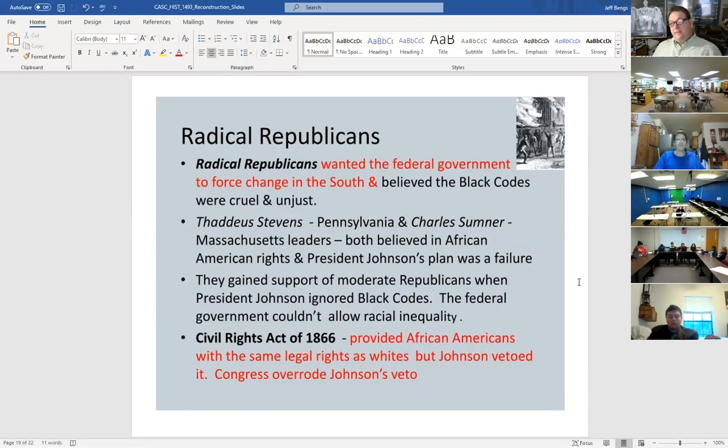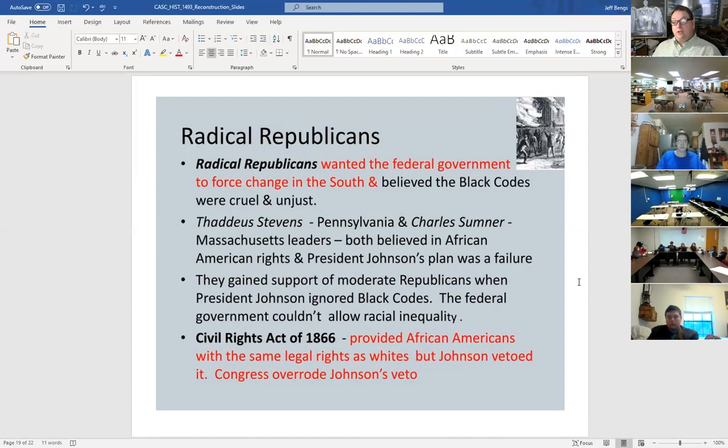And so within the group of Republicans in the North, you had a group called the Radical Republicans. And they were called radical because they wanted to force the South to recognize the freedom of slaves, to allow them to start voting and even being elected.